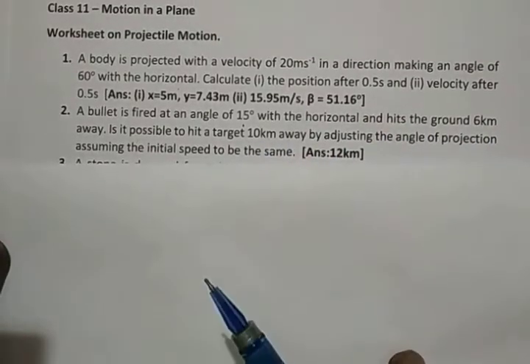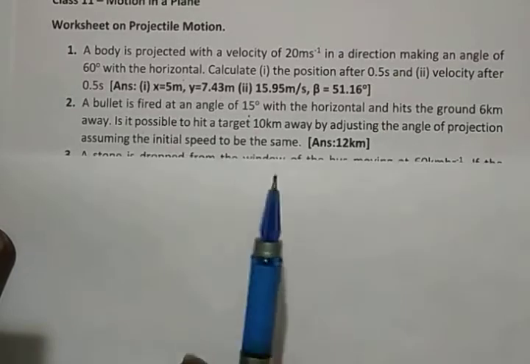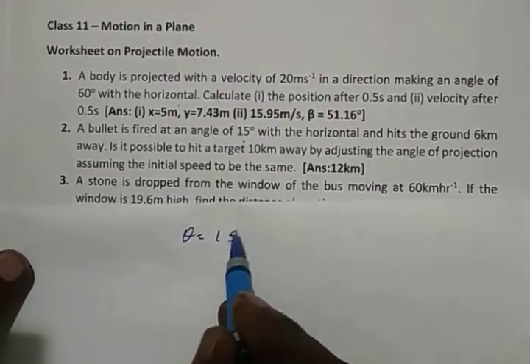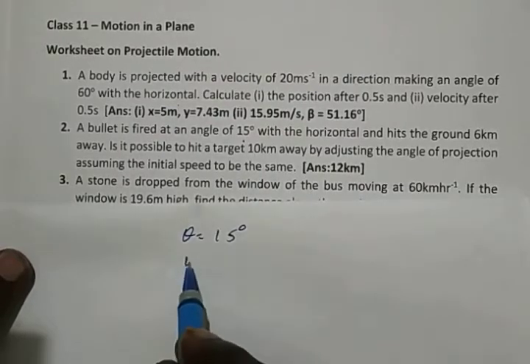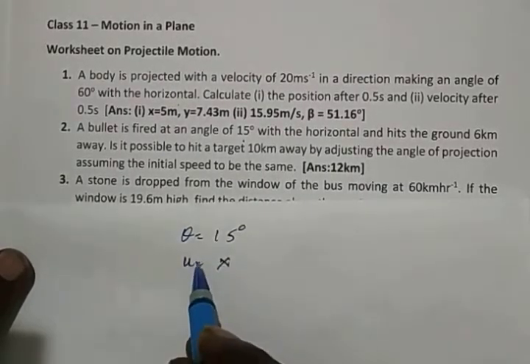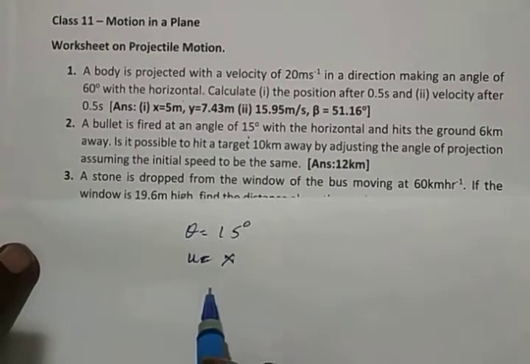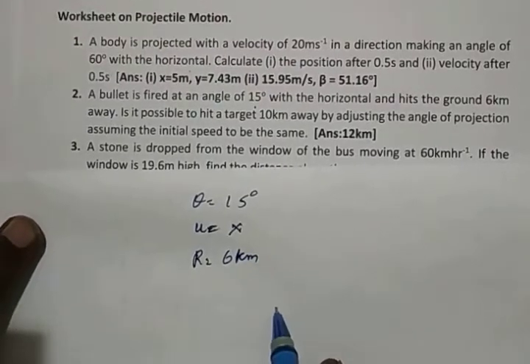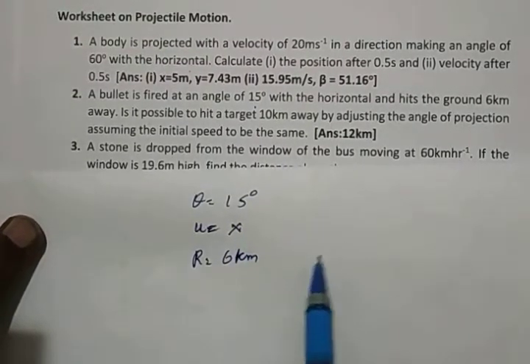That's what the question is. First of all, whatever is given, try to write it down. Theta is given here, 15 degrees. And initial velocity is not given here, so you don't know. Range is given here as 6 kilometers. That's all the initial part is.